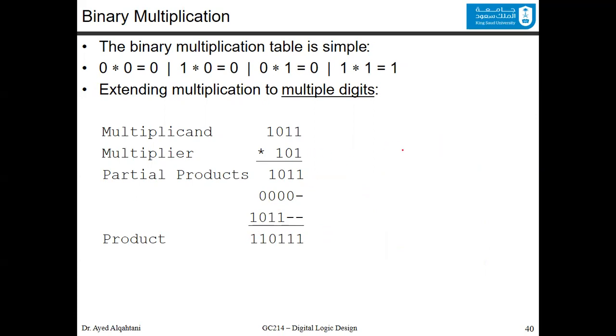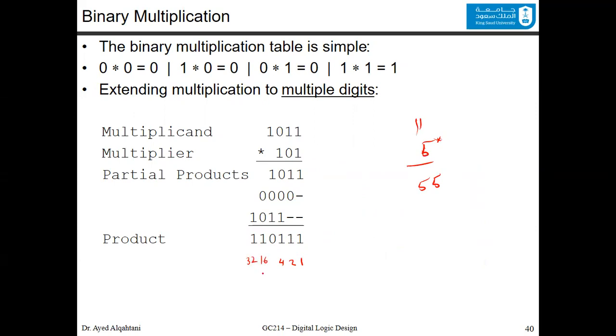Now we mentioned that this is 5 times 11, and the result should be 55. Is this 55? After we add, is this also the correct result? To do this, you would say, okay, this is 1, this is 2, this is 4, 8 is not there, 16 and 32.